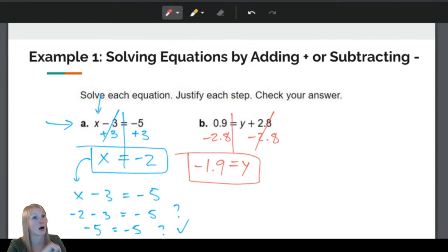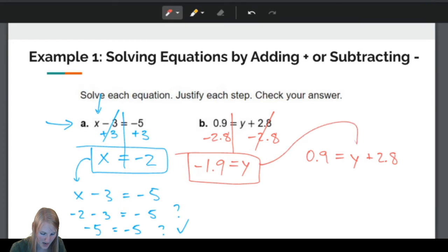Now, are you positive? Are you positive about that answer? Well, let's check just to make sure. Let's take the original equation. 0.9 equals y plus 2.8. We're going to take this y and shove it back in there and see if we get the same thing. 0.9 equals negative 1.9 plus 2.8.